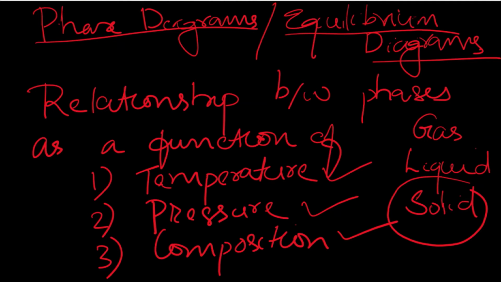So in that case, they are called separate phases. So in a solid itself, we can see separate phases. It depends upon the composition. It will be more clear when we draw a phase diagram and explain. Okay, so basically phase diagram is a relationship between phases as a function of temperature, pressure and composition.